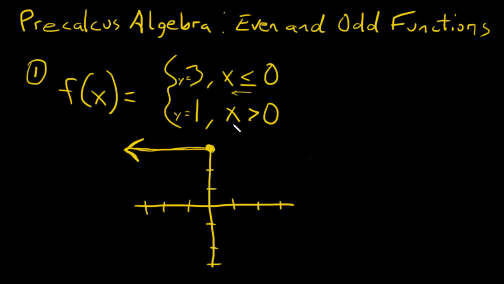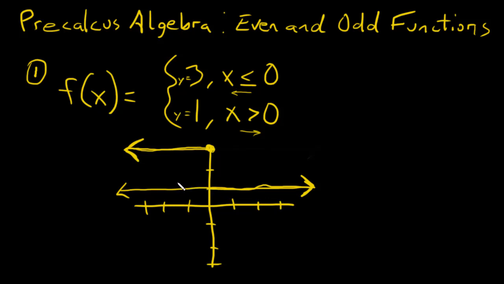I have y equals 1. And so y equals 1 is going to be a horizontal line at y equals 1. And its domain is all the values of x that are greater than 0, but not equal to. So I know that it's going to be everything in this direction of x equals 0. So it's going to be all of these values, but none of these values.